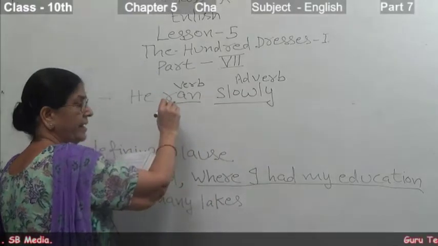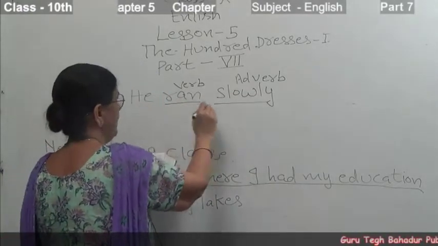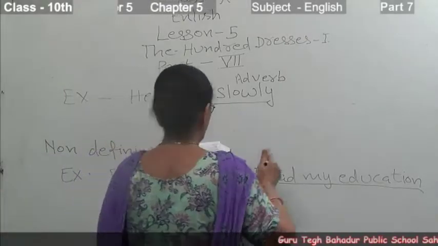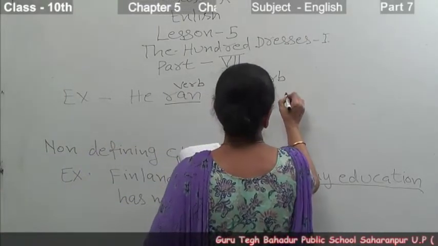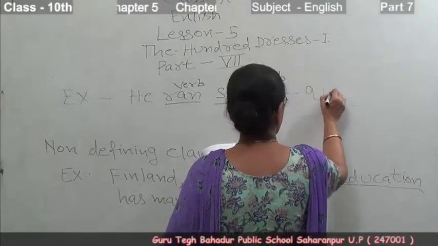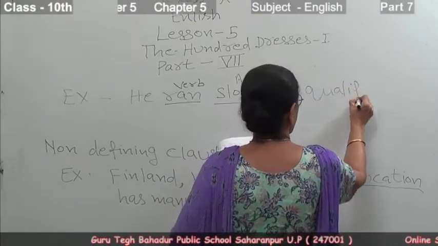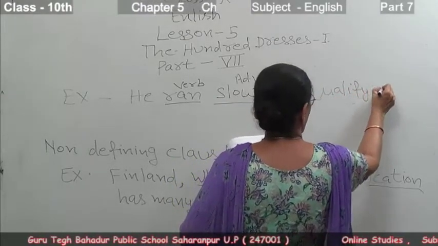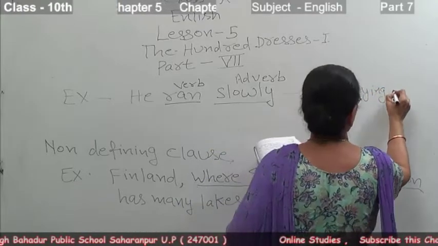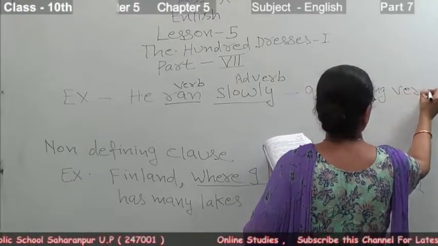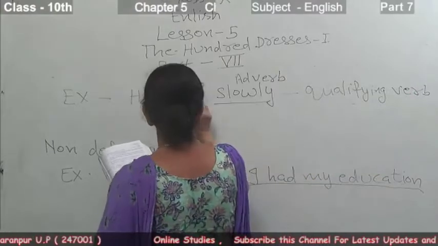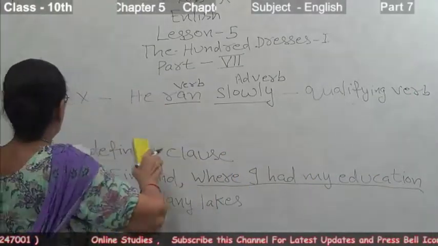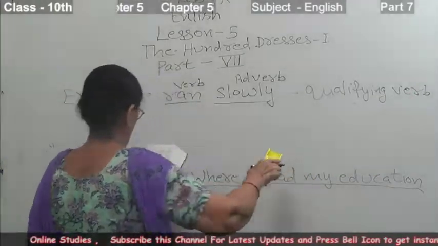It is telling us how he ran. He ran slowly. So, it is qualifying a verb. Verb is ran. So, sentence number 2.